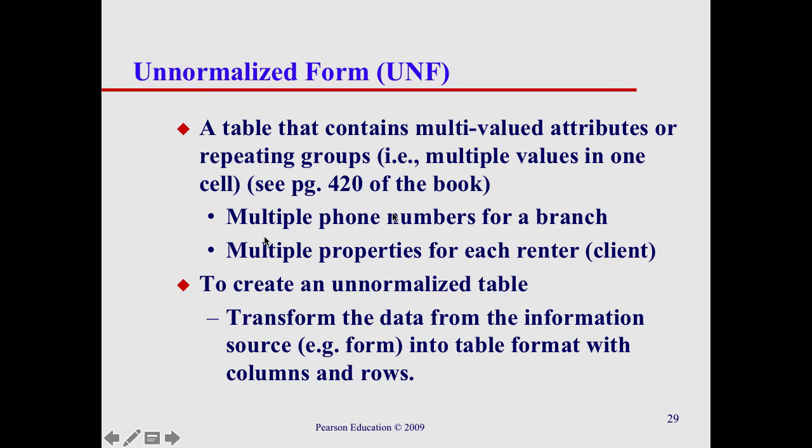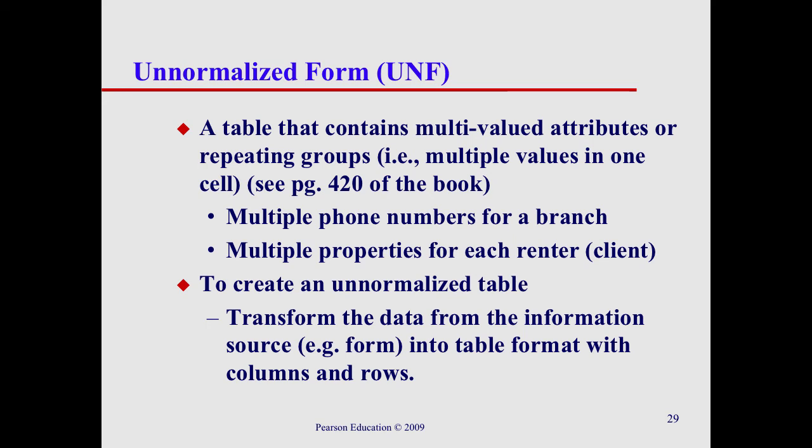So we start with unnormalized form. That's the least restrictive. It's a table that can contain multi-valued attributes, which doesn't even conform to the relational model, because the relational model doesn't allow multi-valued attributes. I call it zero normal form.